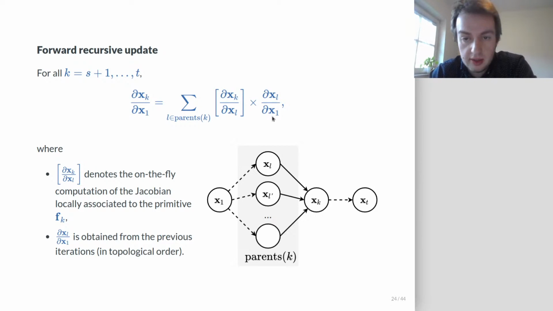Here, this second factor is given from the previous computations, or from the initialization. And the first factor is what you actually need to compute locally at the node xk, right? That denotes the on-the-fly computation of the Jacobian locally associated to the function k for the argument associated to xl.